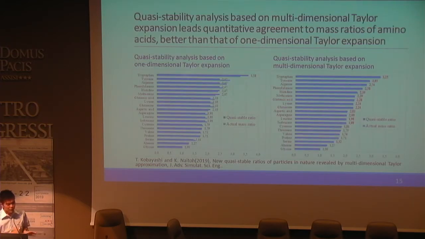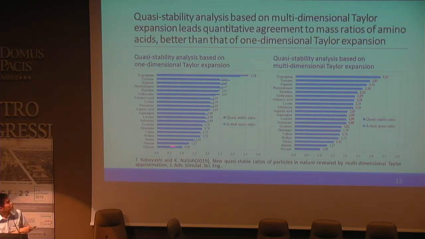The quasi-stability analysis based on multi-dimensional Taylor expansion leads to qualitative agreement with mass ratios of amino acids better than that of one-dimensional Taylor expansion. This figure shows the comparison of the ratios making quasi-stable conditions derived from quasi-stability theory and actual mass ratios of amino acids.